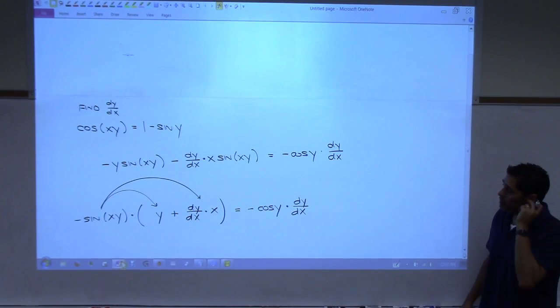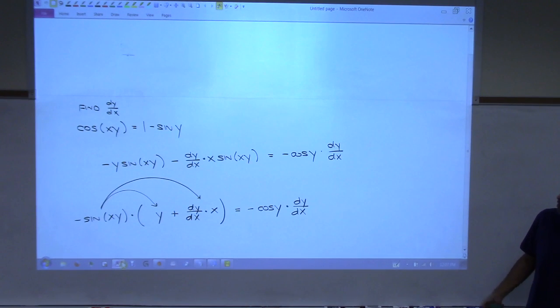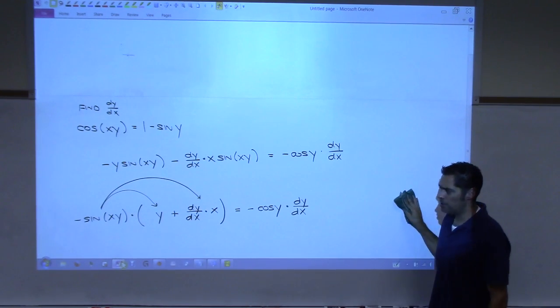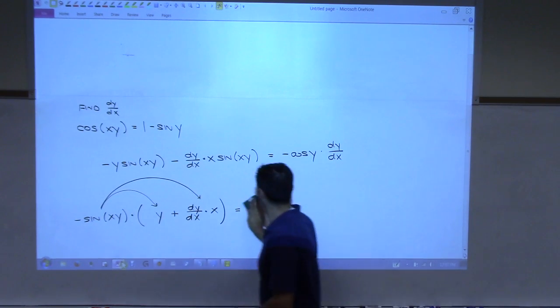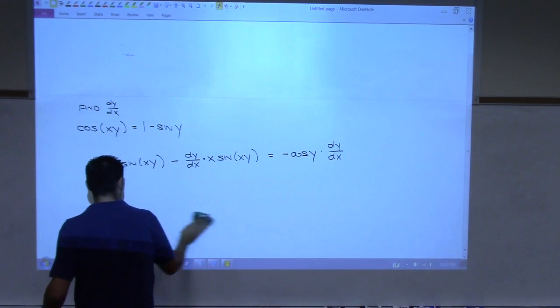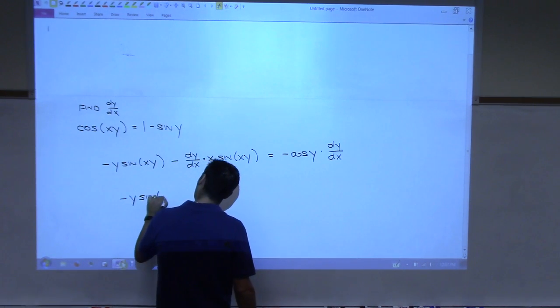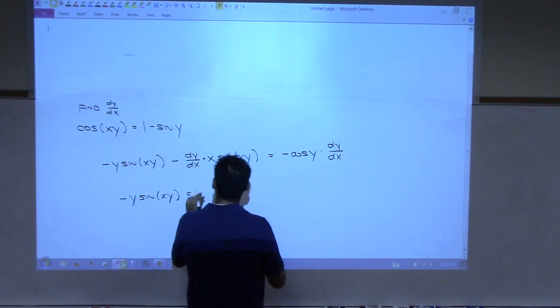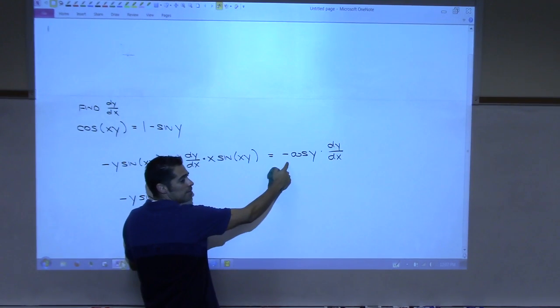I guess you want to move everything to the right? All the dy dx's to the right? I think that's what I feel like doing. Any questions, though, before I erase this bottom part? When I move this to the right side, it becomes plus. So I'm going to put it in front of this because this one's a minus.